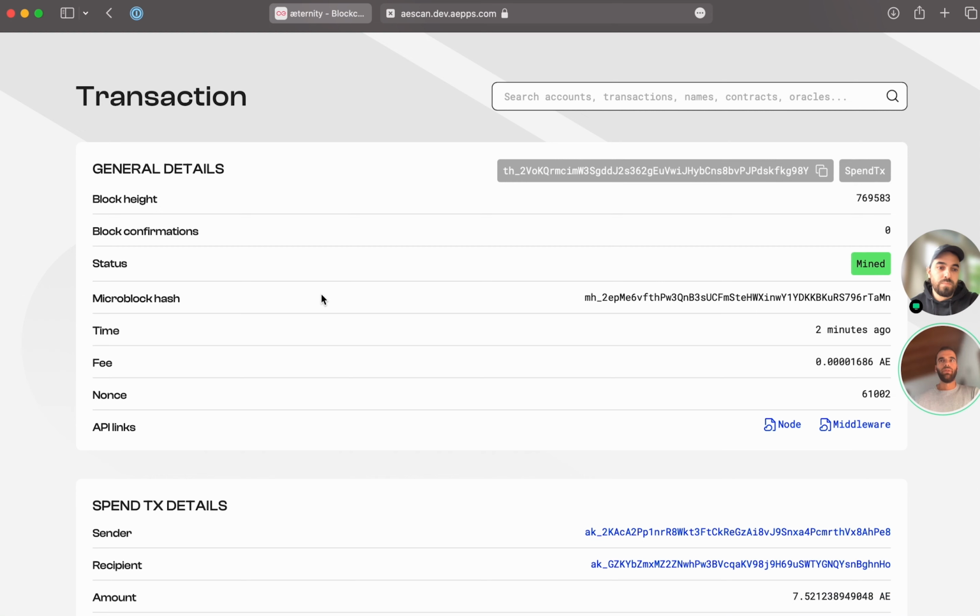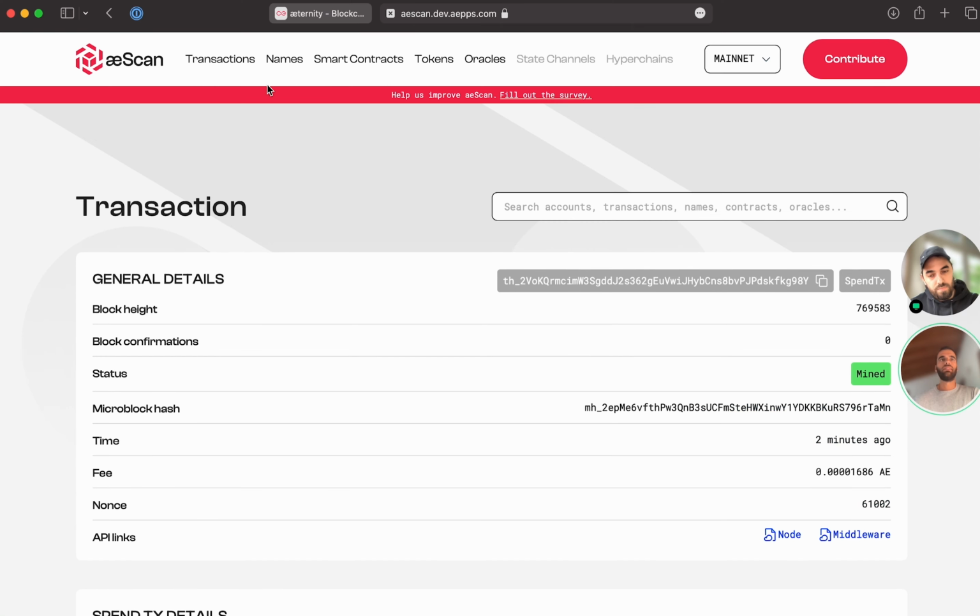In general, on this page we'll be able to see details, for example, the sender, the recipient, and the amount, since we are talking about the SpendTX. This is the same for all the other entities, transaction names, smart contracts, and tokens, where you can browse all of them and also see the detail.